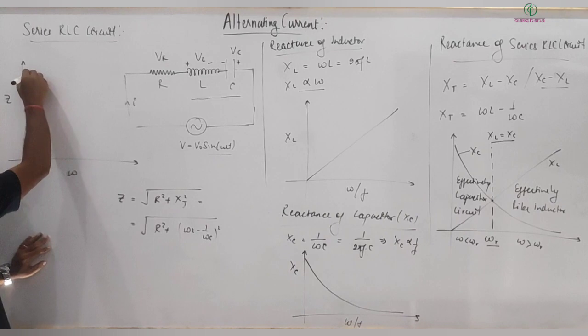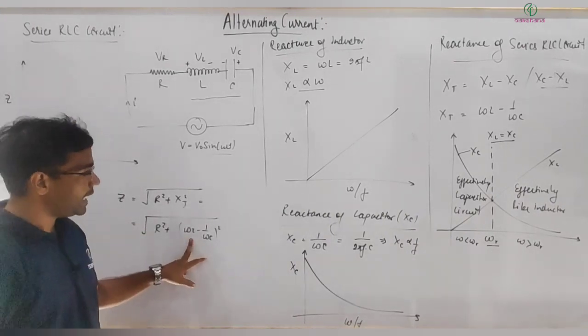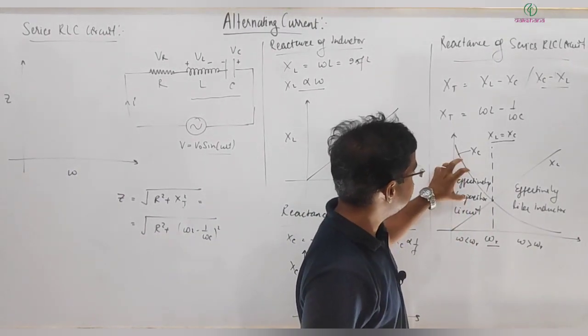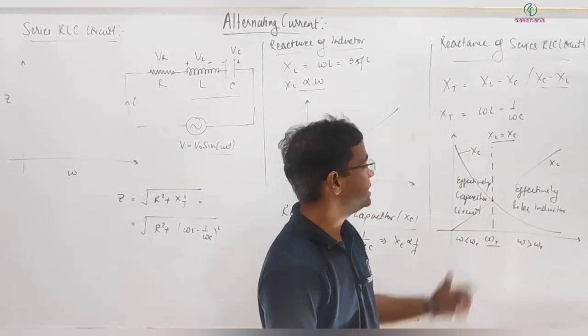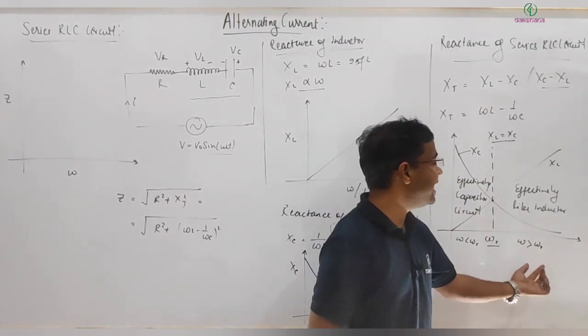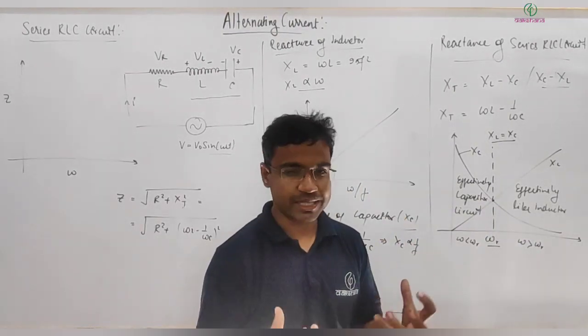So this graph almost looks like this. Whatever the omega, if it is small omega, then also overall X_T will be there, because in that case X_C will be greater, dominating. If omega is high, then X_L will be dominating, so still your X_T will be something positive.